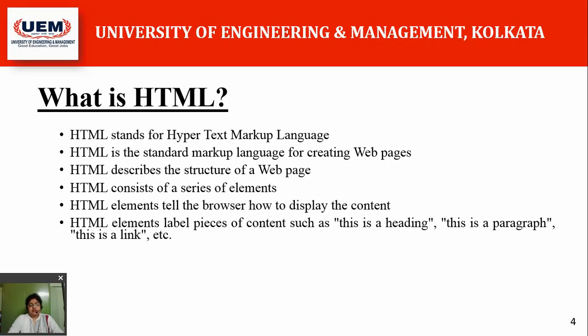HTML elements label pieces of content, such as this is a heading, this is a paragraph, this is a link, etc. In the later sections, we will describe all the elements of the HTML language.